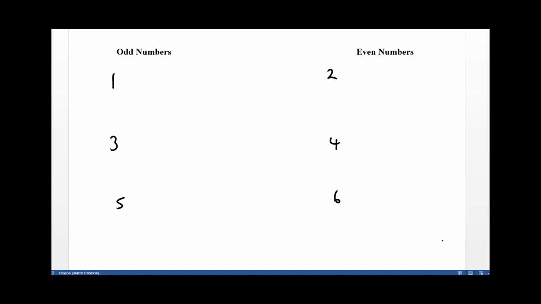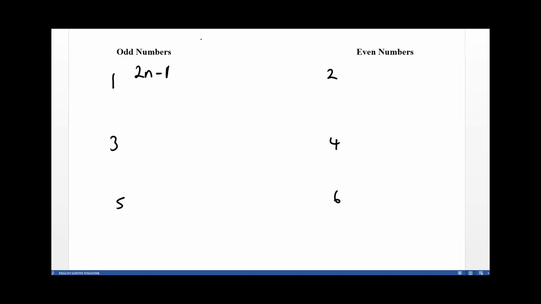Listen very, very carefully. When doing algebraic proof, try your best to write the first odd number as 2n minus 1. This is a general rule. 2n minus 1 is the first positive odd number.